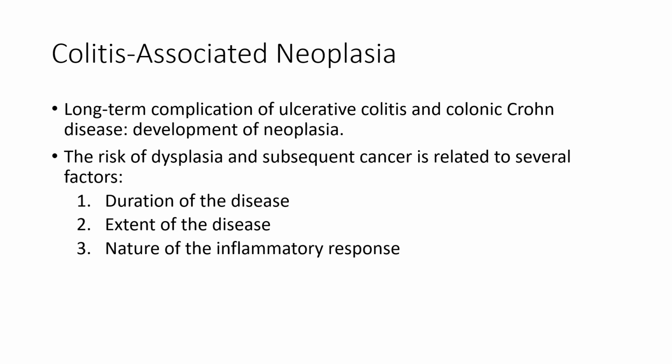The longer the duration of the disease, the higher the risk of developing carcinoma. The extent of the disease. Patients with pancolitis are at greater risk than those with only left-sided disease. Also, Crohn's disease patients without colonic involvement are not at increased risk of developing dysplasia.